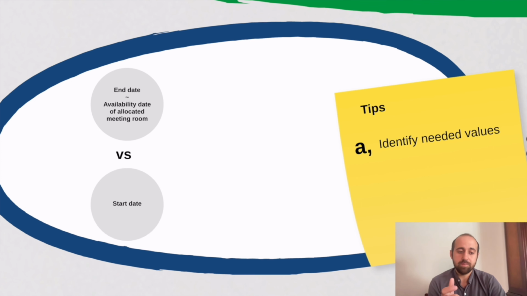The end date is used as the availability date of the allocated meeting room. And the start date is compared with the first available meeting room.